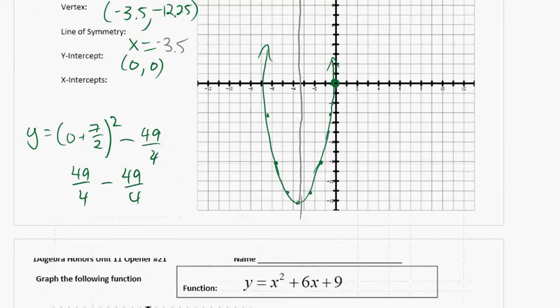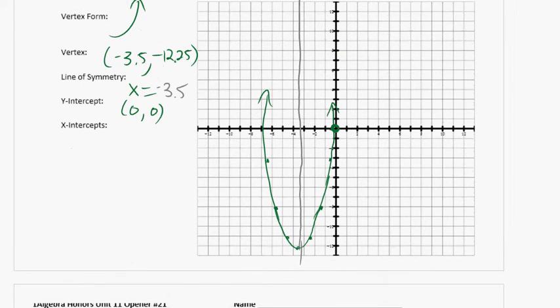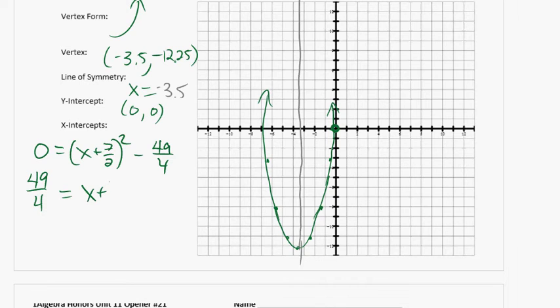My x-intercepts, on the other hand, I can solve for too, because the x-intercepts are where y equals 0. So this is 0 equals x plus 7 halves squared minus 49 fourths. So I'm going to add 49 fourths to both sides: 49 fourths equals x plus 7 halves squared. I take the square root of both sides, and here, of course, I get plus and minus 7 halves.